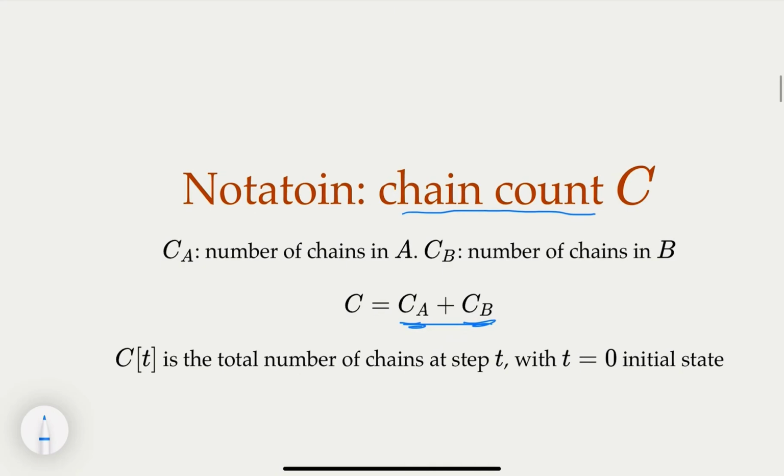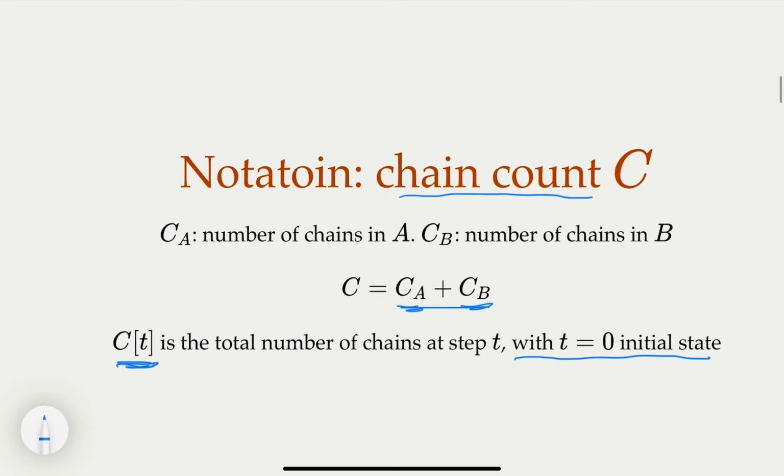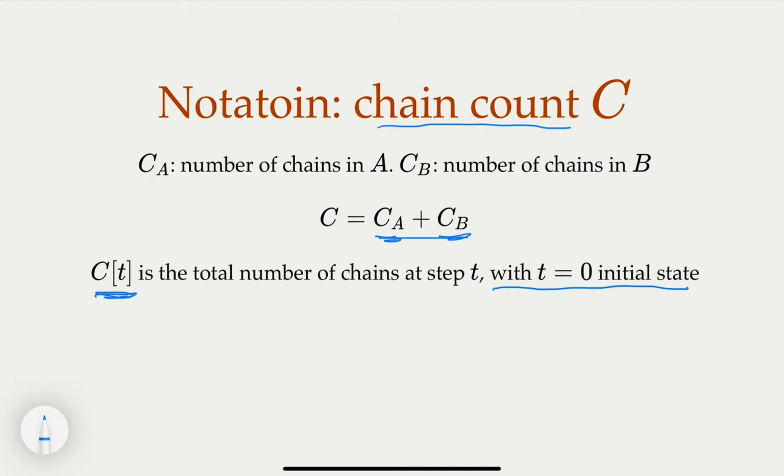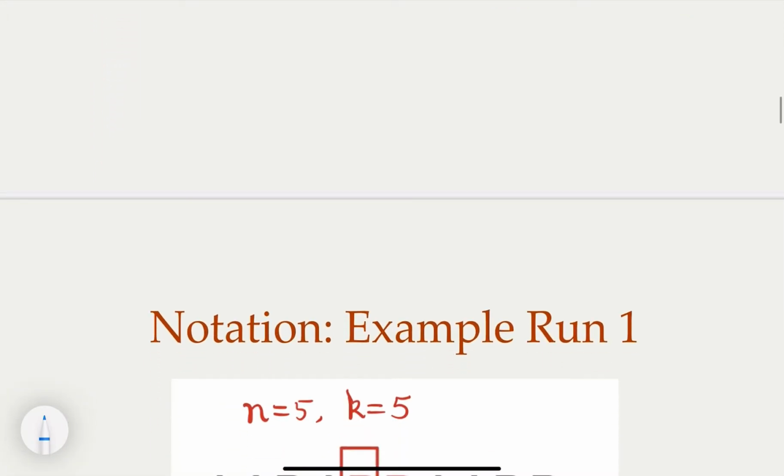I'm going to keep track of this as we play the game step by step, where T is the step number, and we start from T equal to 0 with the initial step.